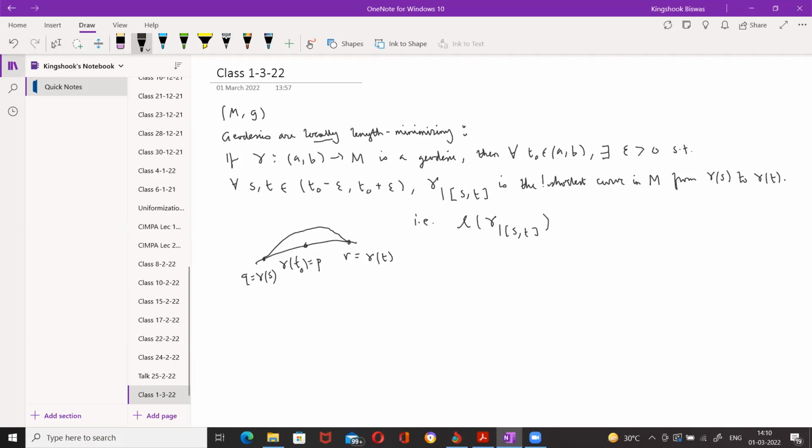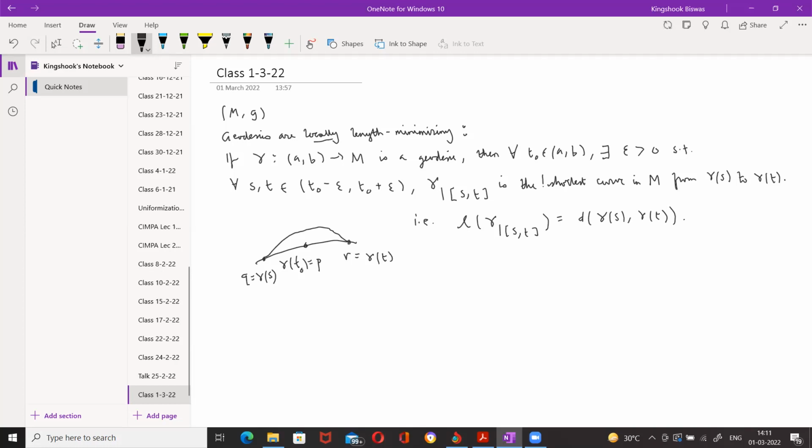The length of gamma restricted to ST is equal to the distance between gamma S and gamma T, where remember the distance between 2 points was the infimum of the lengths of all piecewise C1 curves in M joining the 2 points, right?